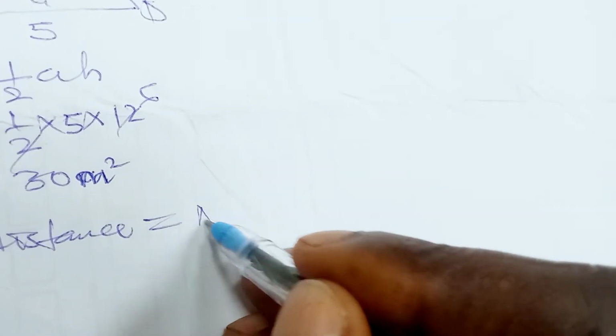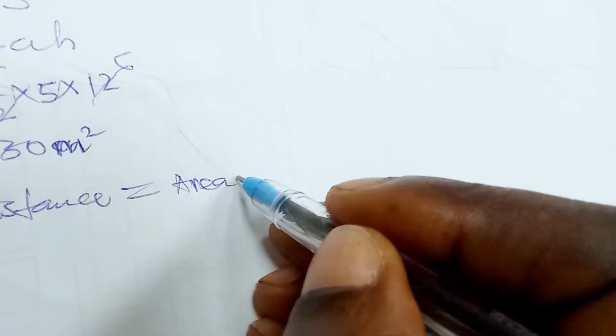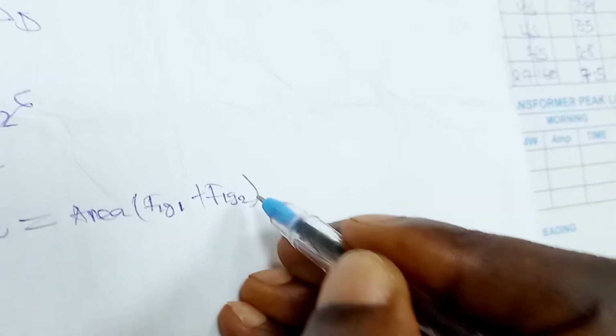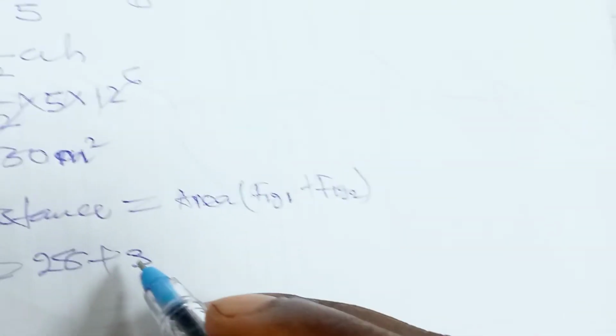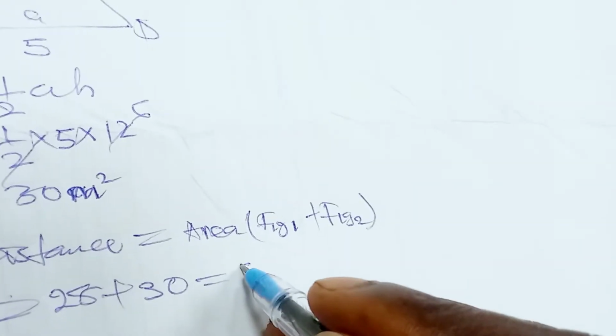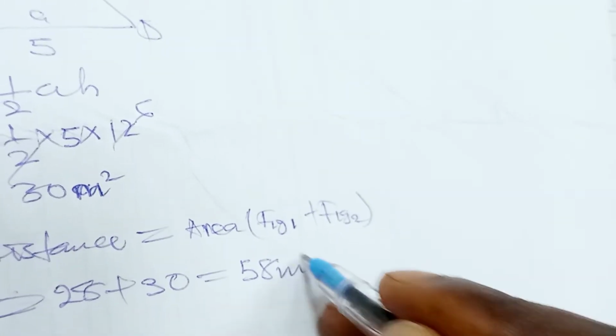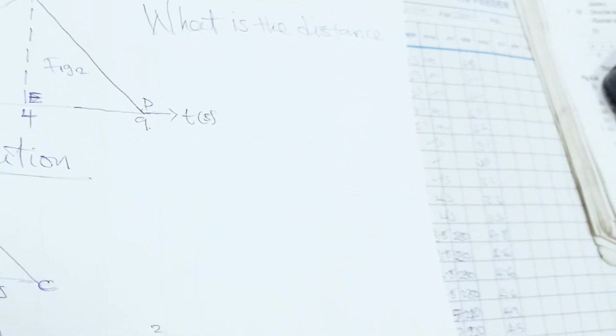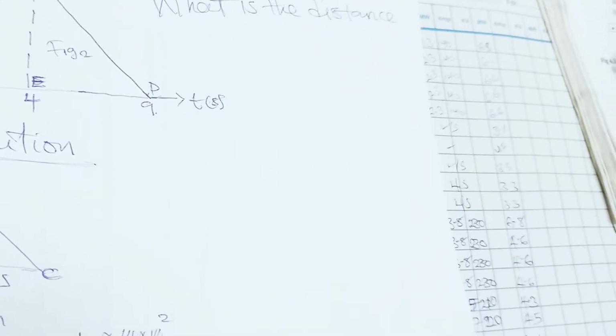So the distance is equal to area of figure 1 plus area of figure 2. Therefore, area of figure 1 is 28 plus that of figure 2, that's 30. That's going to give us 58 in meter square. Now, if you are not doing it using this, you can also make use of this simple method.